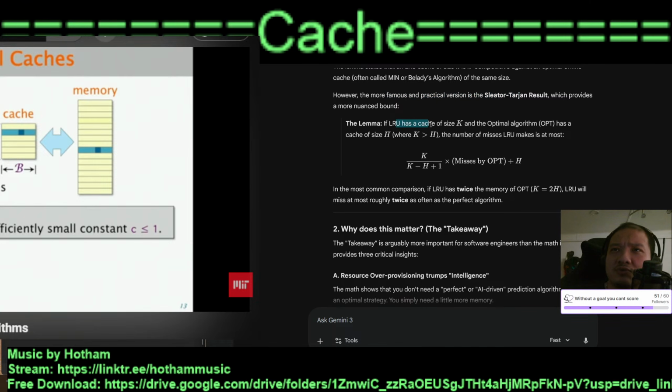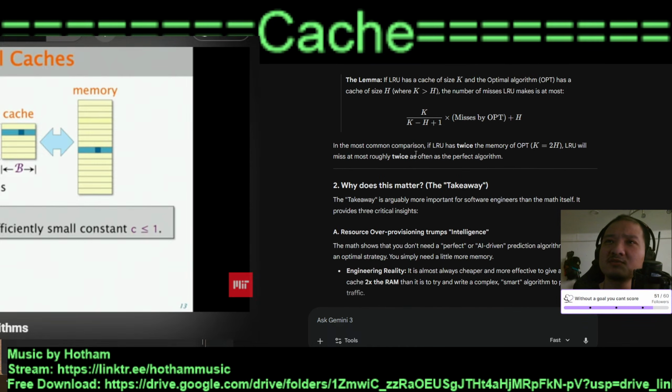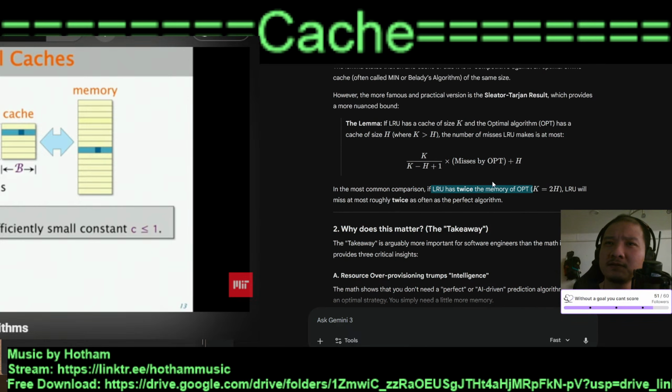If the LRU has a cache size k and the optimal algorithm has a cache size of h, where k is bigger than h, so if the LRU has a bigger cache than the optimal algorithm, the number of misses is at most a constant factor of the optimal. Okay.